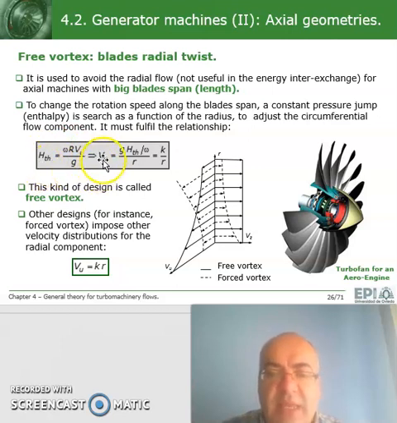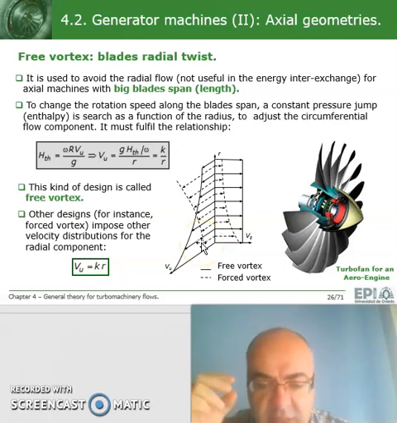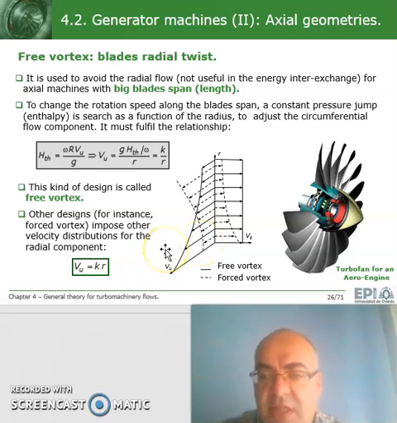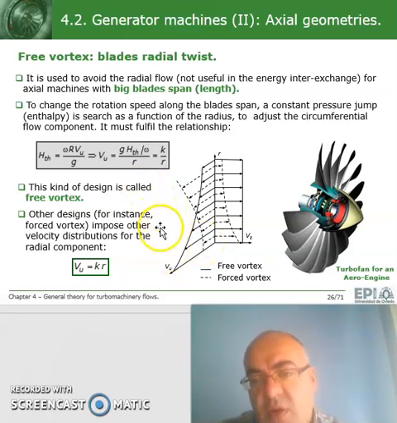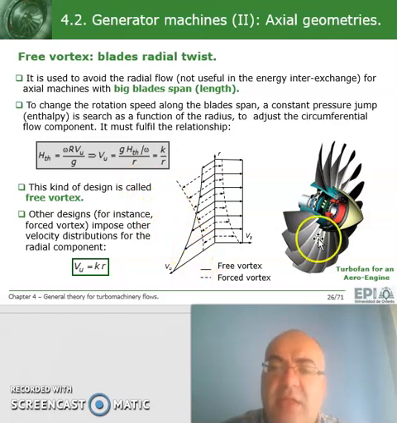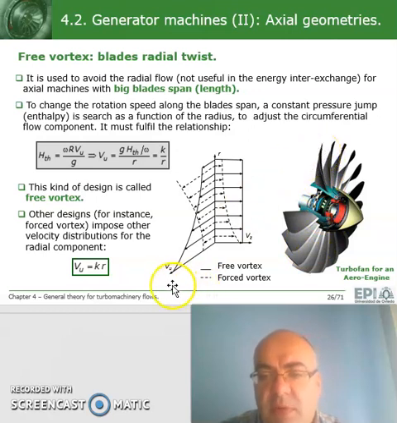And therefore we can solve for VU, and we have in fact a constant over the radius. And this is the kind of vortex description that we are imposing along the machine. So this is the idea to change from hub to tip in the velocity profile.